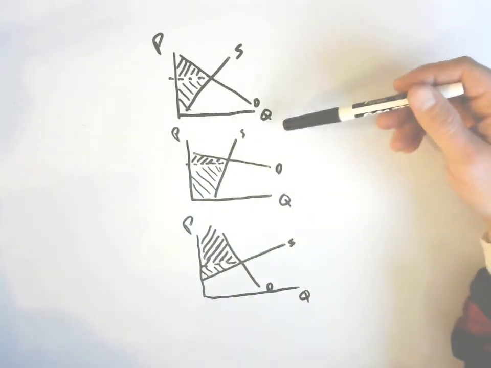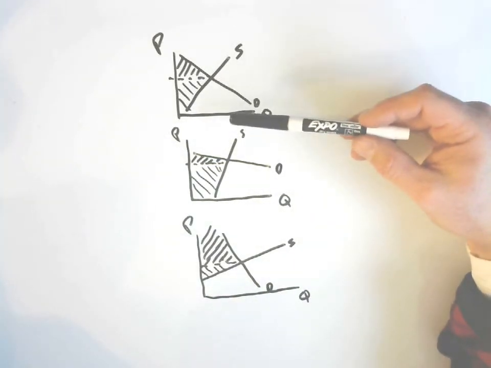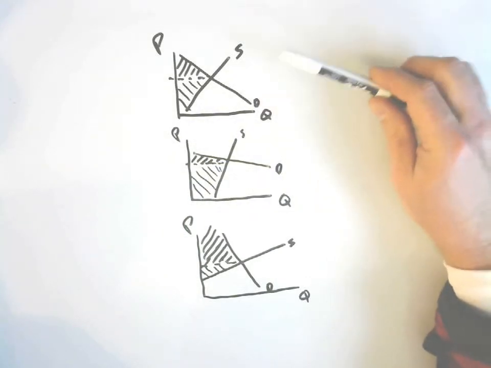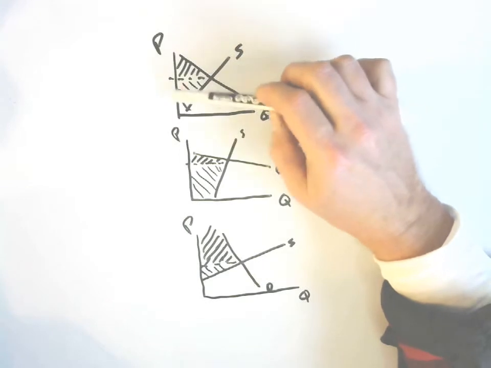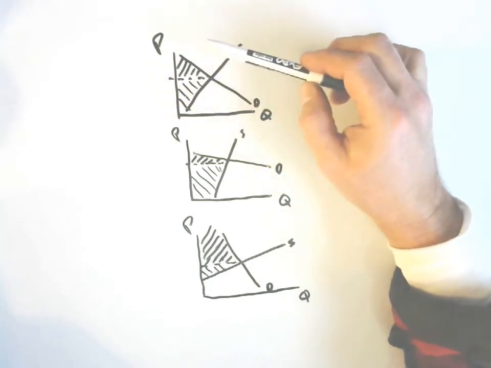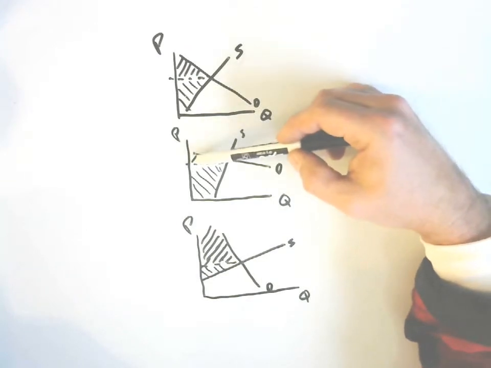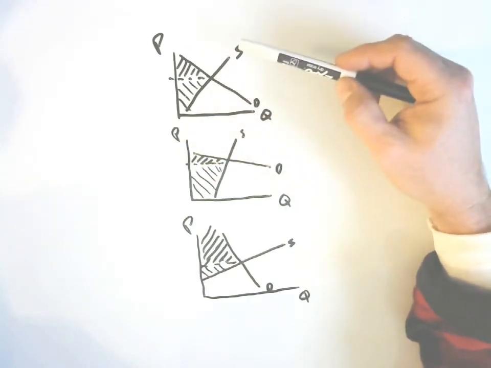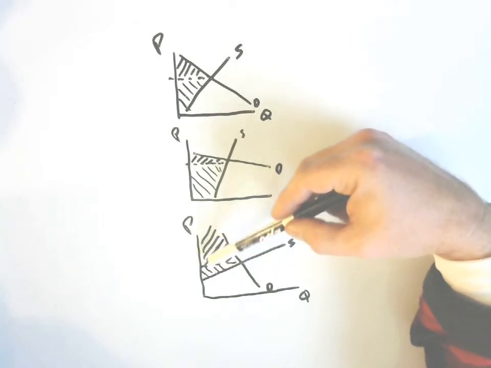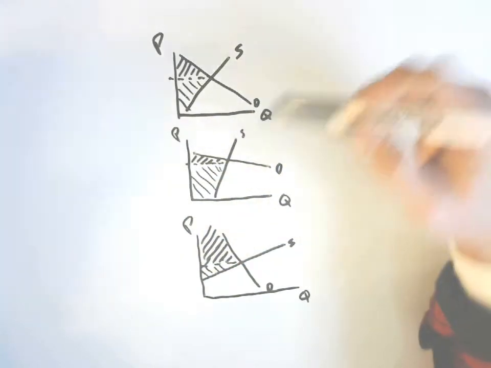So let me ask you a question then. Which is better for society? Is it better to have relatively equal amounts of consumer and producer surplus? Is it better for consumer surplus to be smaller than producer surplus, or is it better for consumer surplus to be larger than producer surplus?